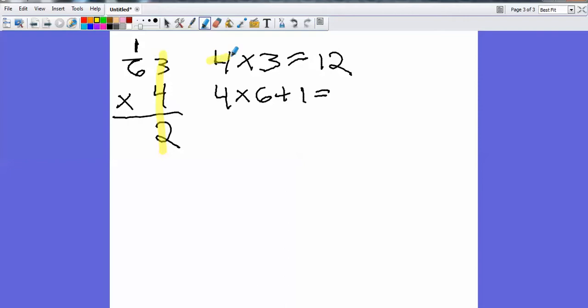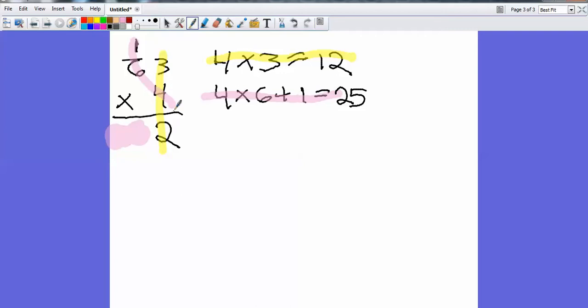We'll use that one for that color, and let's use this one for this color. Alright, so 4 times 6 equals 24, plus 1 equals 25.